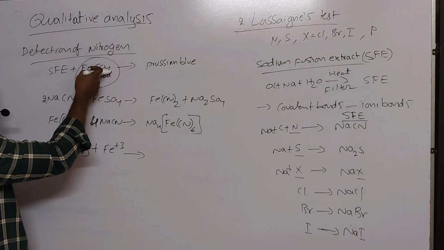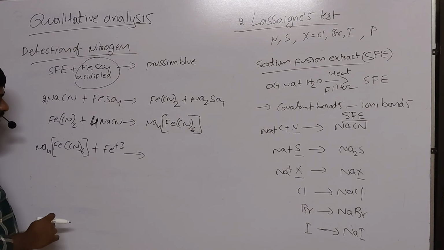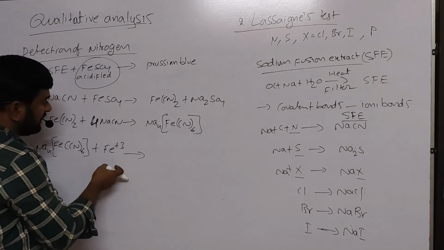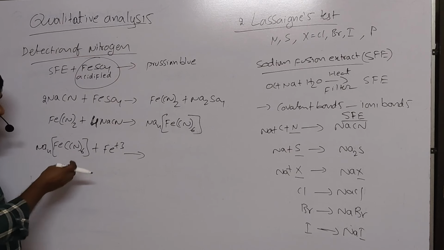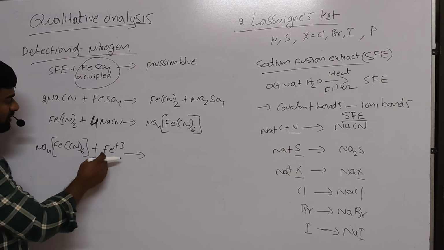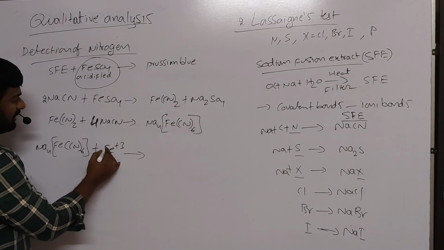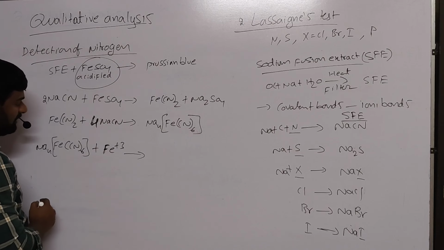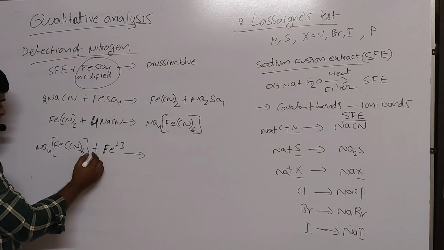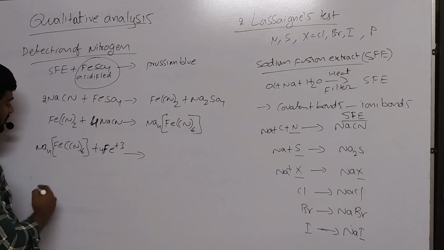That acid will convert Fe2+ into Fe3+. Here we can take FeCl3 or Fe2(SO4)3, those compounds also. Mainly the oxidation state of iron will be +3. So if it is combined with this one, what will come?